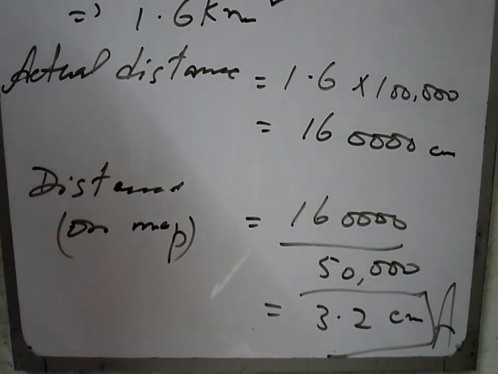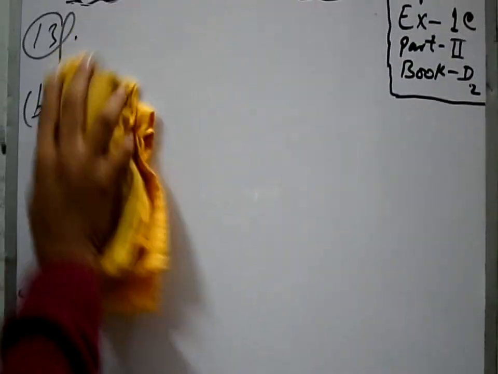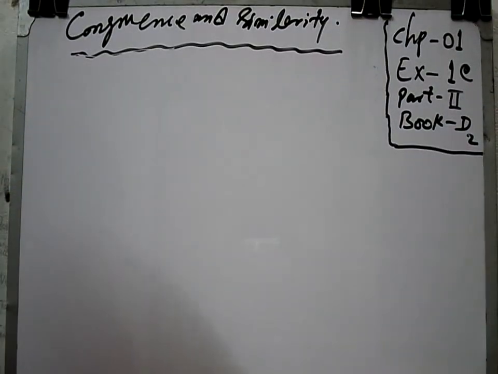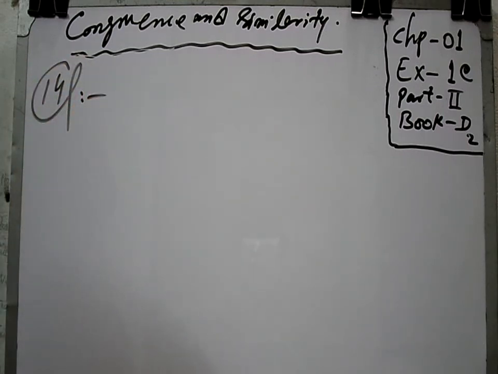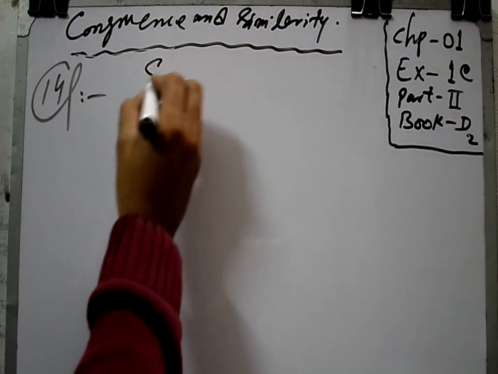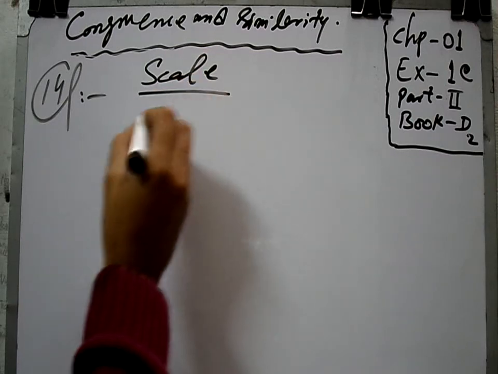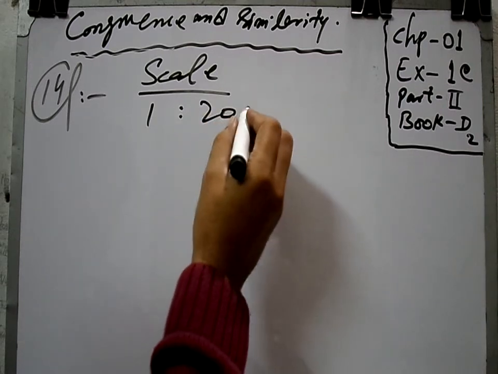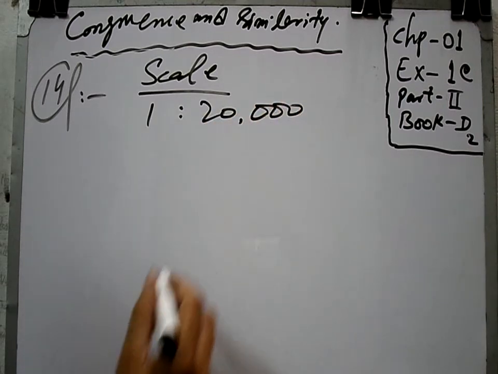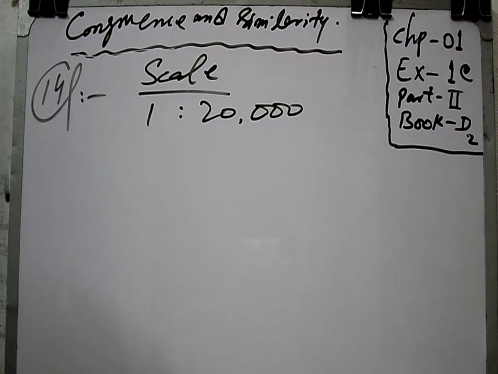So coming to question number 14. Read the statement: the scale on a map is 1:20,000.